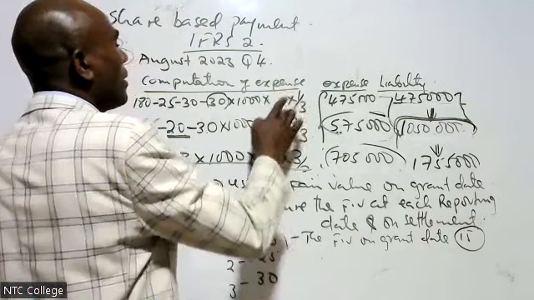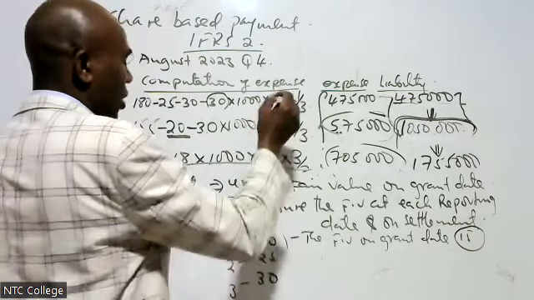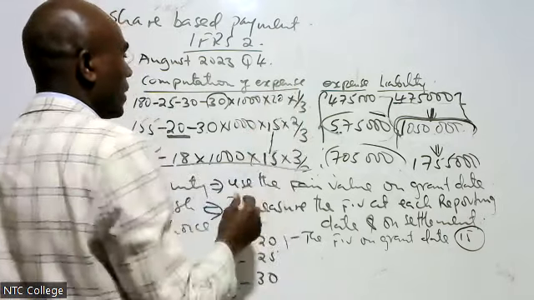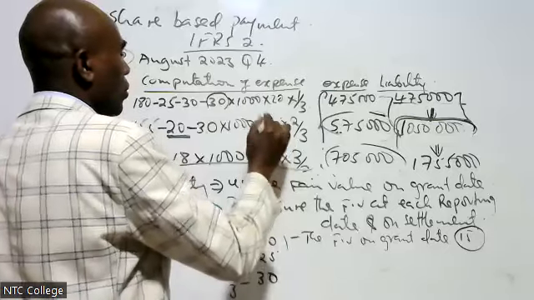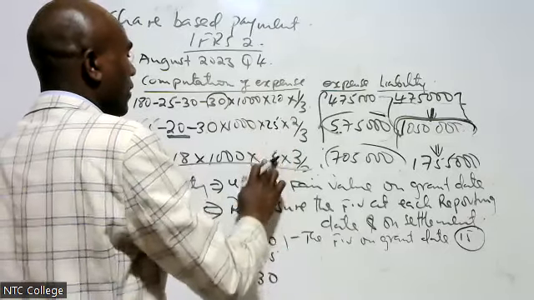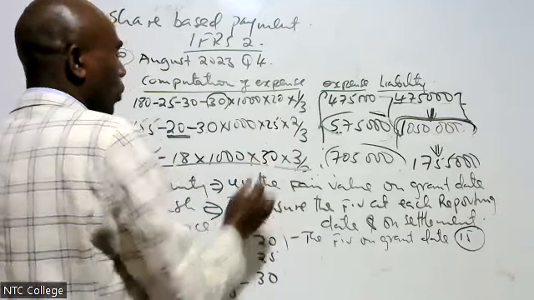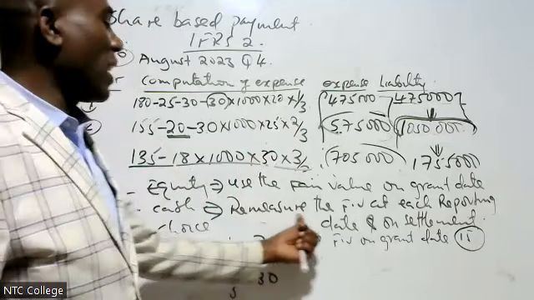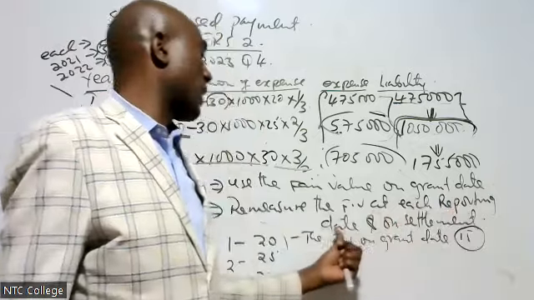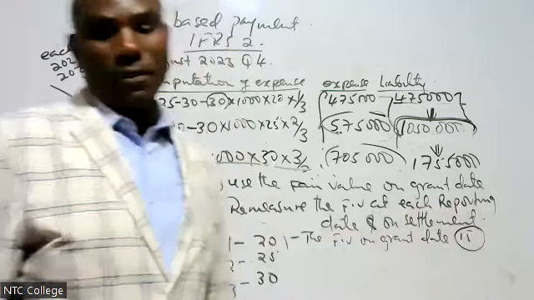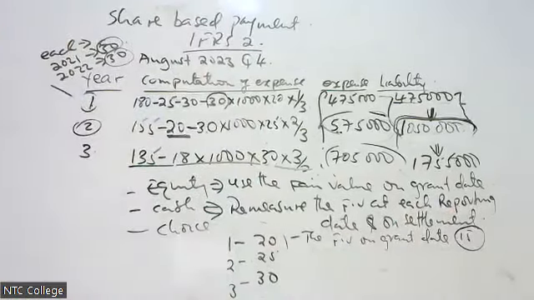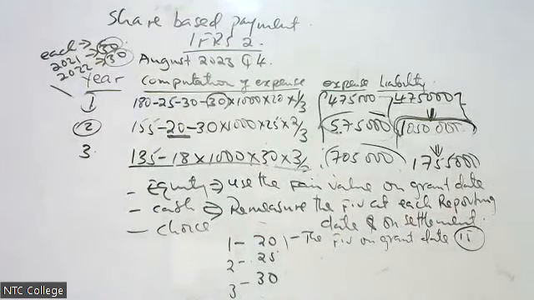Therefore, in year 1, if it is cash, I will use 20. In year 2, 25. In year 3, 30, which means you remeasure the fair value at each reporting date and on settlement.